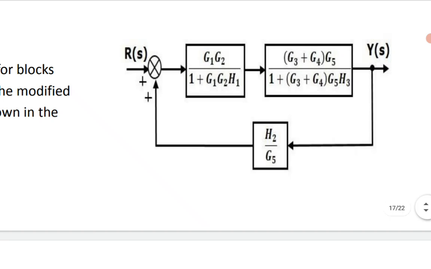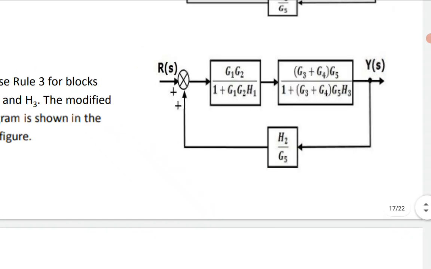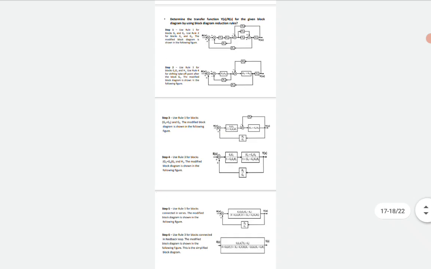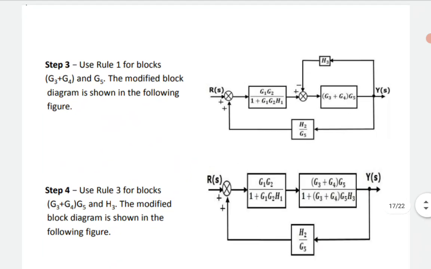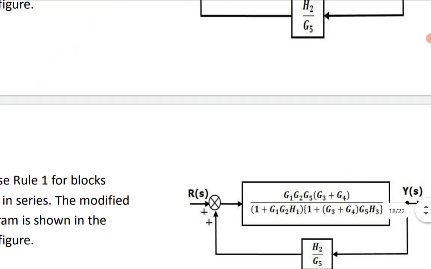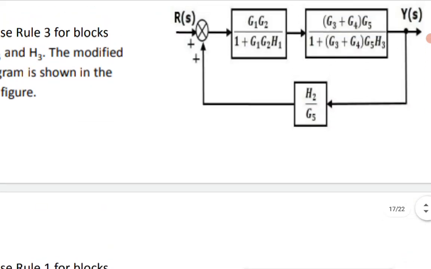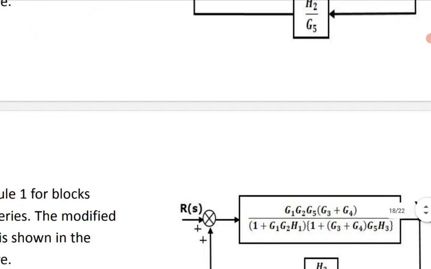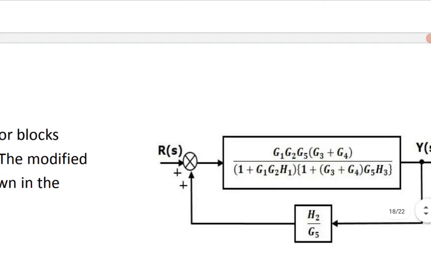Then we can eliminate this positive feedback path where the feedback function is H2 by G5. After cascading, that generates G1 G2 G5 whole into (G3 plus G4) divided by (1 plus G1 G2 H1) whole into (1 plus (G3 plus G4) G5 H3).